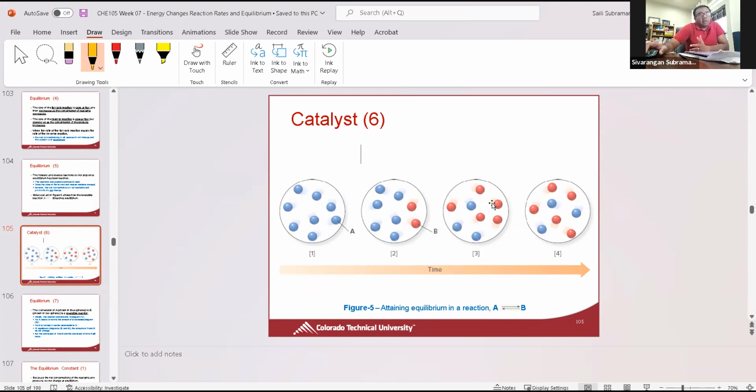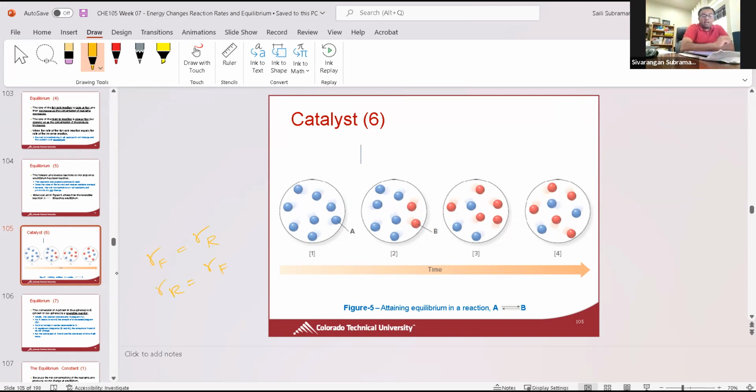This is just a made up random example to illustrate the point. But once the reaction is happening, you see that these 5 red spheres are maintained and the 3 blue spheres are maintained. So one key thing to remember is the reaction rate of the forward, let's call it RF, is equal to the reaction rate of the reverse. Or you can say RR is equal to RF.